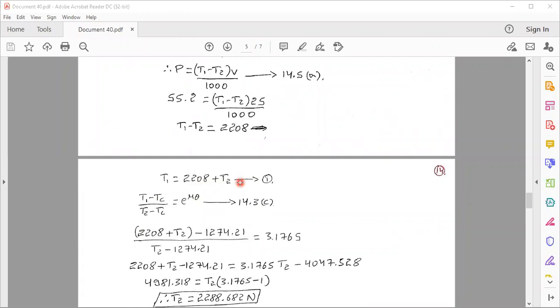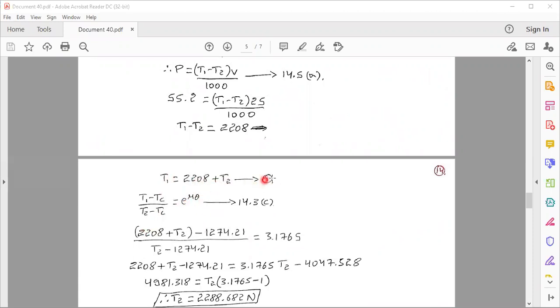Now you have to see the equation where you will be having these belt tensions. In equation 14.3c, you can see the relationship between the belt tensions at high velocities. From equation 14.3c, it is (T1 minus Tc) divided by (T2 minus Tc) is equal to e raised to mu theta. Already you have calculated the value of e raised to mu theta.